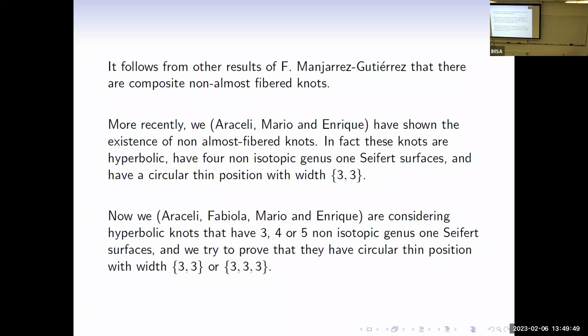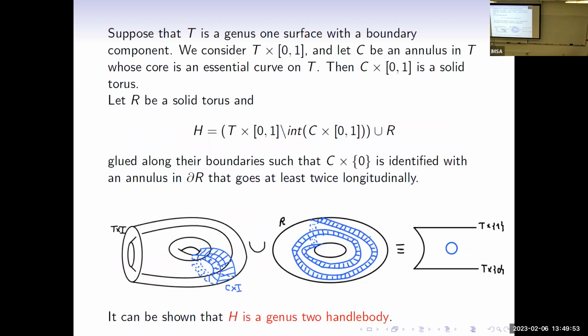Now first I'm not considering all possible examples, but I'm assuming that we do not have this problem. Suppose we have here a genus one surface.